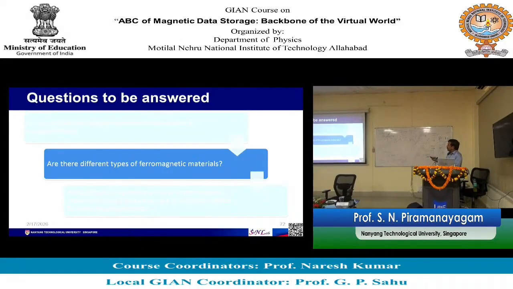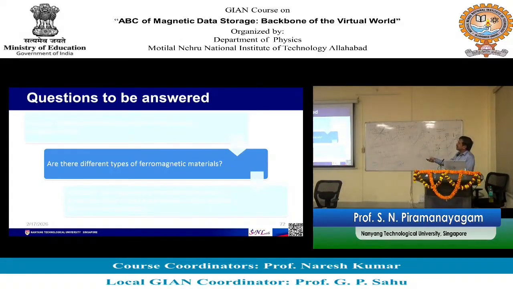We just learned how different magnetic materials respond to a magnetic field. Paramagnetic, diamagnetic, and antiferromagnetic materials will show a linear behavior, and ferro and ferrimagnetic materials will show some kind of non-linear behavior. Now we focus on the ferromagnetic materials, because the magnetic materials that we use for magnetic recording are basically ferromagnetic materials.